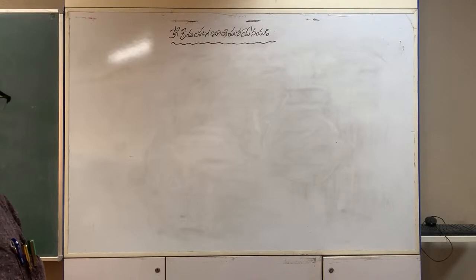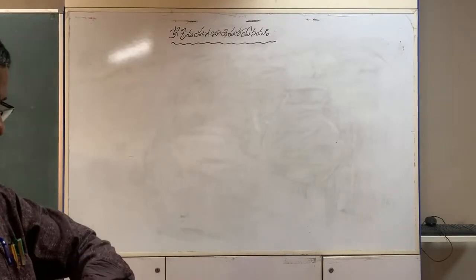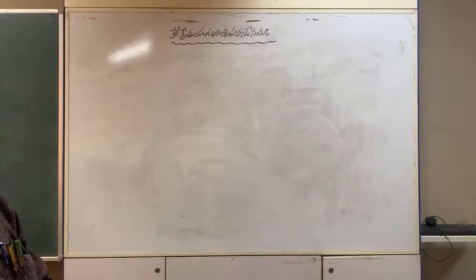Next question. AB is the diameter of a circle. AH and BK are perpendiculars from A and B respectively to the tangent at P. Prove that AH plus BK is equal to AB.